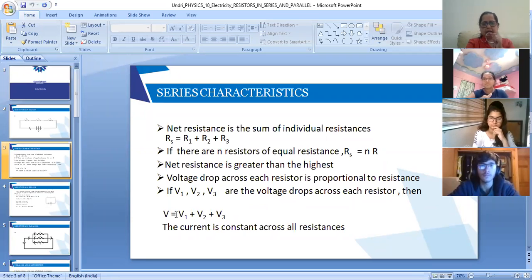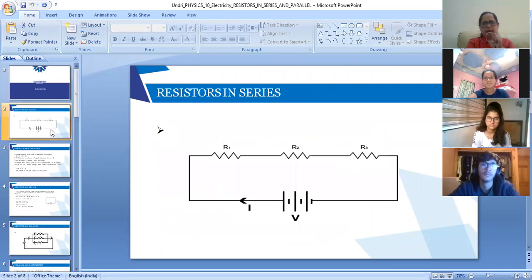And remember this equation for a series circuit: V equal to V1 plus V2 plus V3.